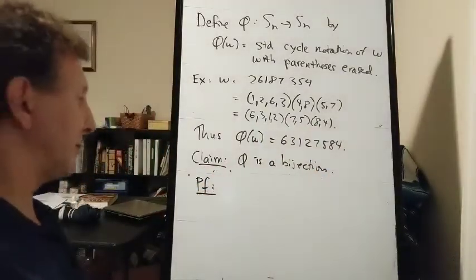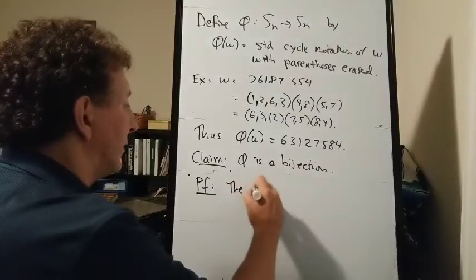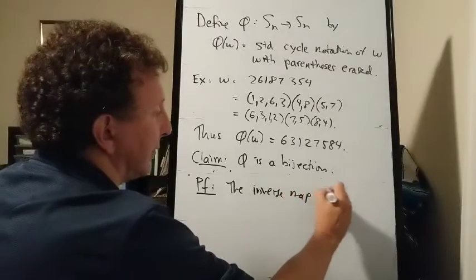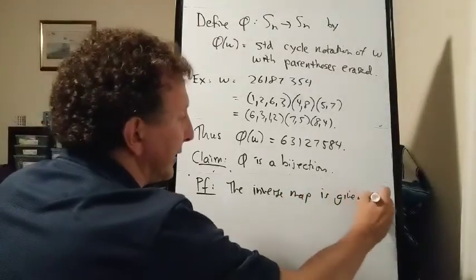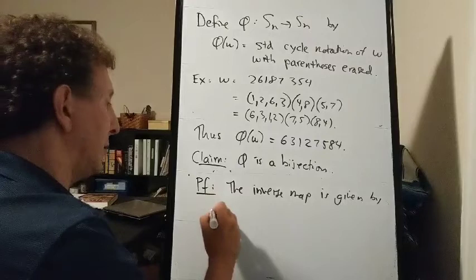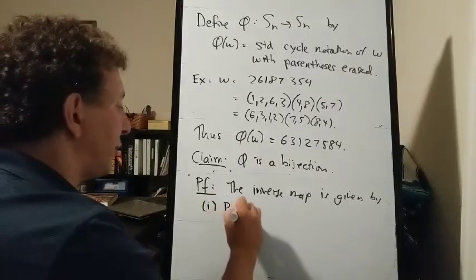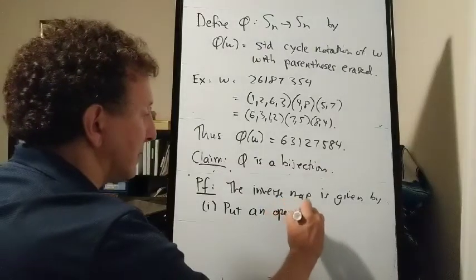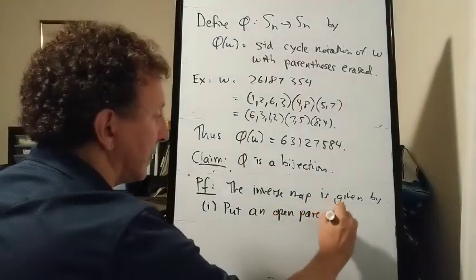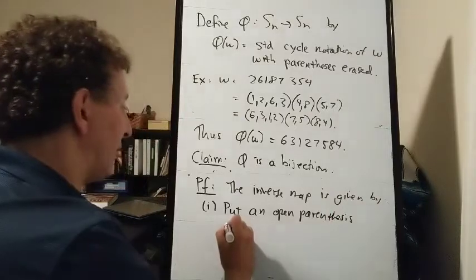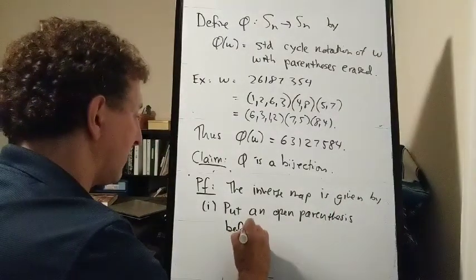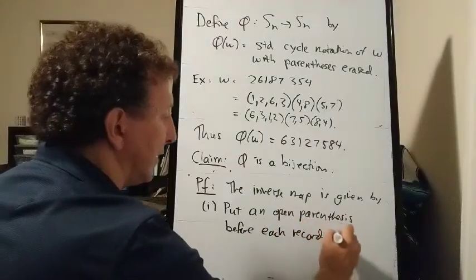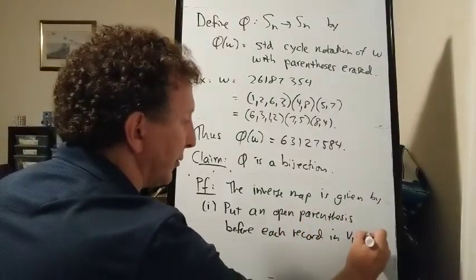So it's a bijection because we can define the reverse map. So the inverse map is given by: 1. Put an open parenthesis before each record in, let's say, V1 through Vn.